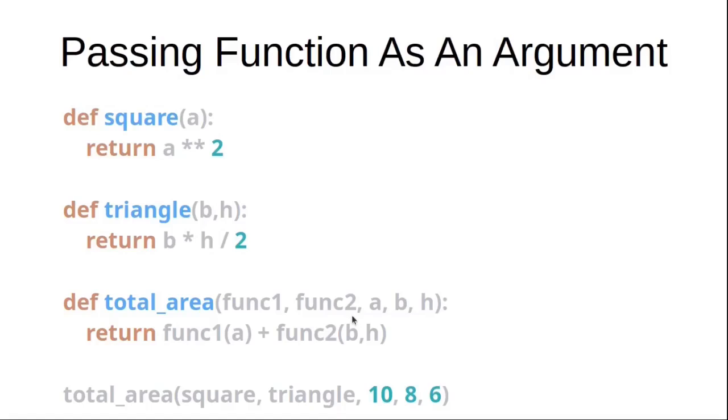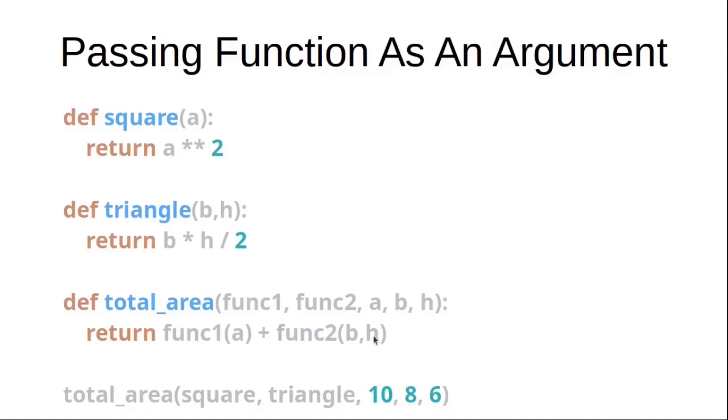Last example, you can pass a function as an argument. Here I have two functions, square and triangle. I define another function called total area, which takes as arguments function 1, function 2, and a, b, h, and it returns the sum of function 1 with parameter a and function 2 with parameters b and h.